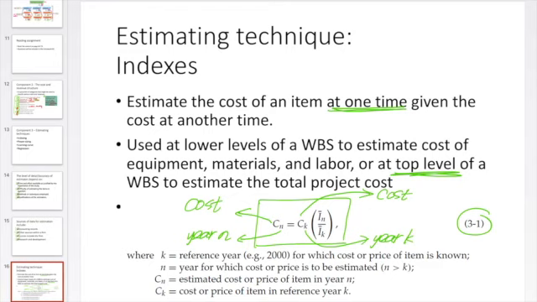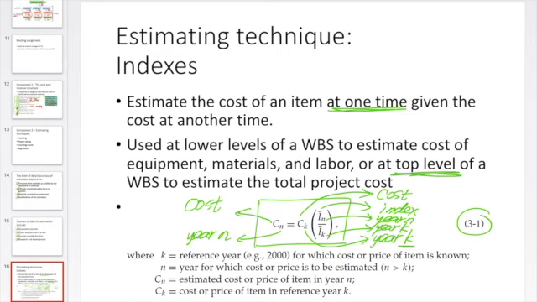So if you know the price or cost for the item in year K, that's the year when you know the price or the cost. And here we have a ratio between two I's. We call it I bar because there's a bar above that I. So I is index and N is still the year N. Okay? And the K is the year K.